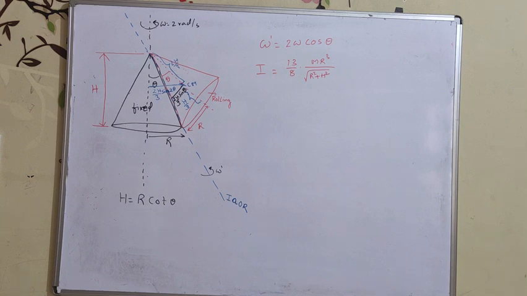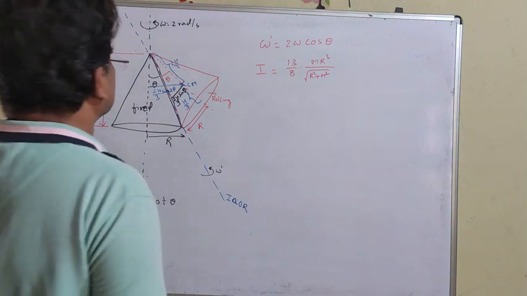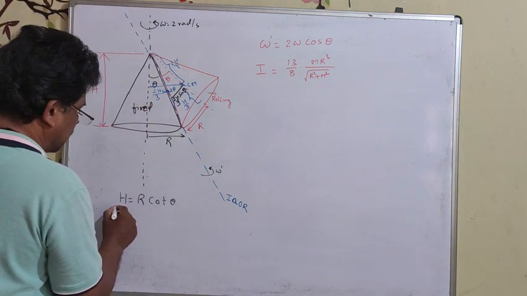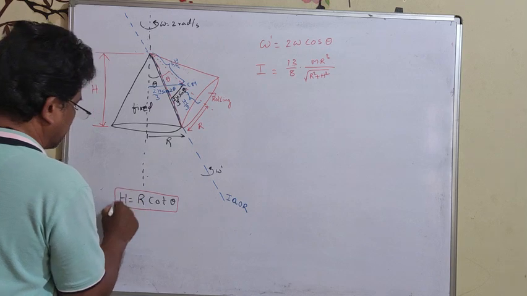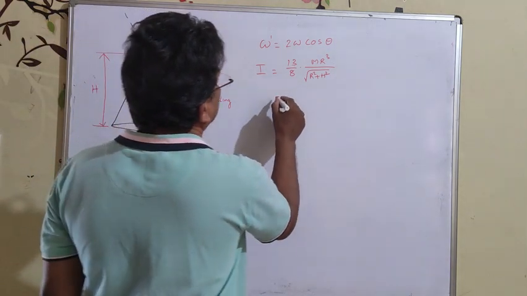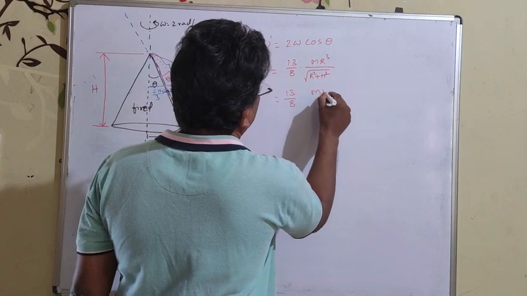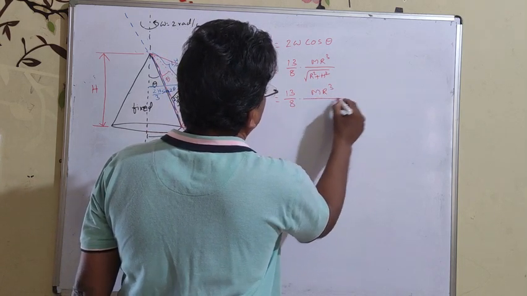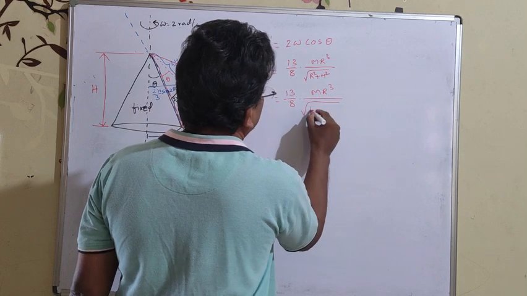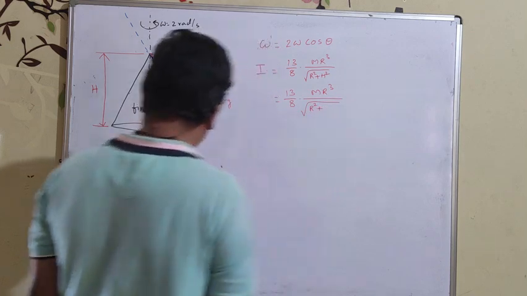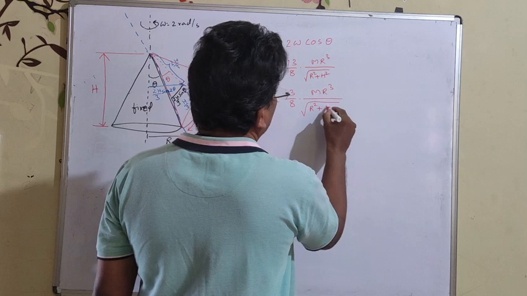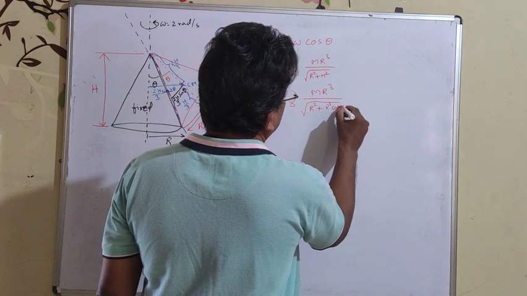From this, if h is equal to r cot theta and I substitute this value, it becomes 13 by 8 M r cube divided by the square root of r square plus r square cot square theta.